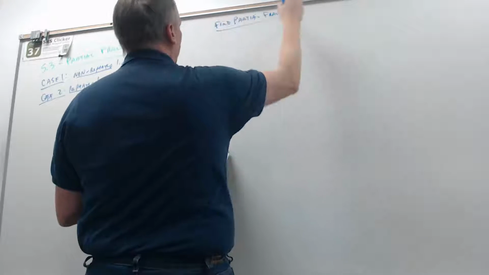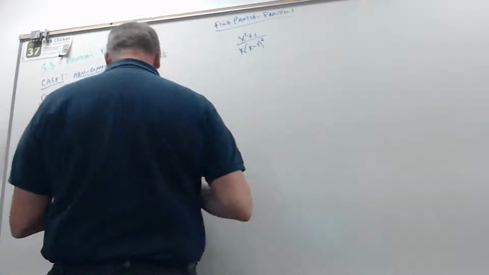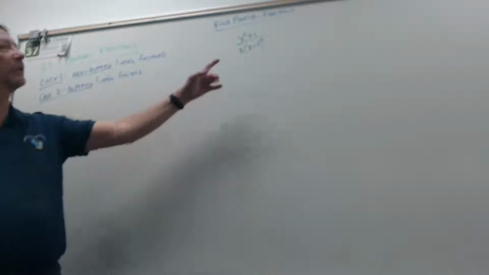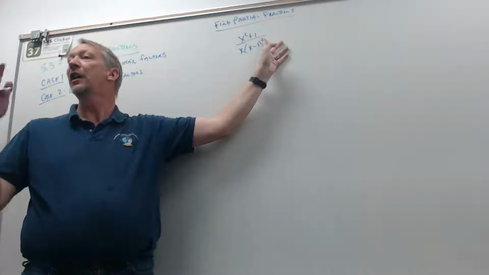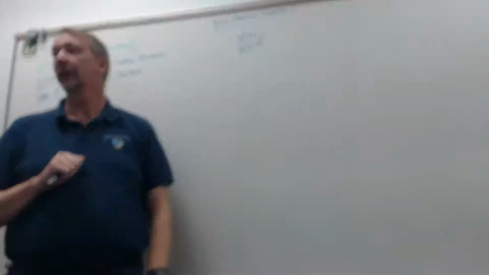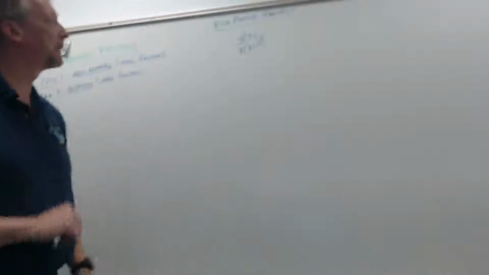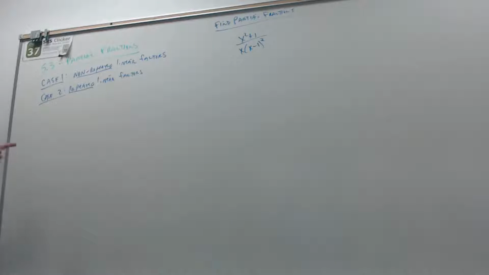And this time I'm not going to make you factor it cubed. Because I've got the 3 here, these are repeated linear factors, right? I've got x minus 1 3 times. Correct? Okay, so this is an example of case number 2.